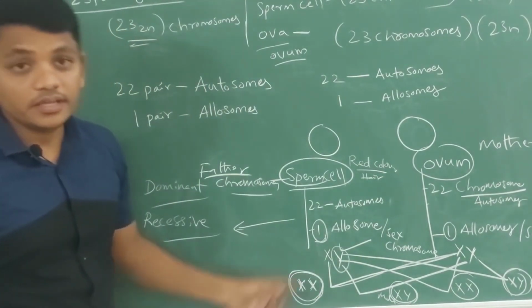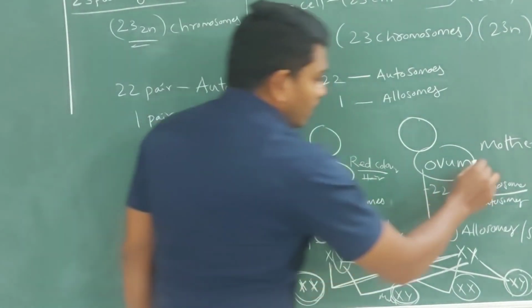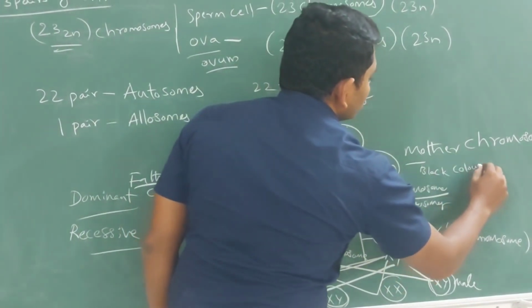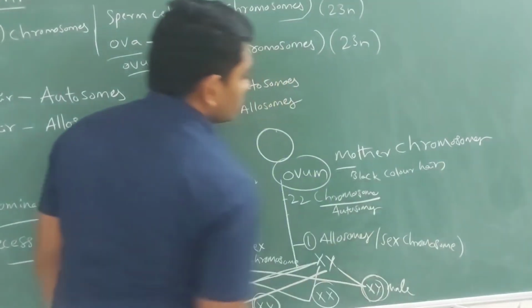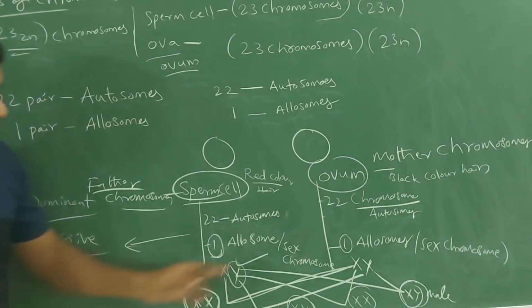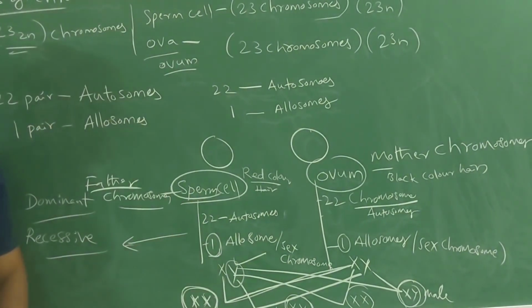Red color hair is a trait. If the mother has black color hair, these two characters are carried forward with the chromosomes.